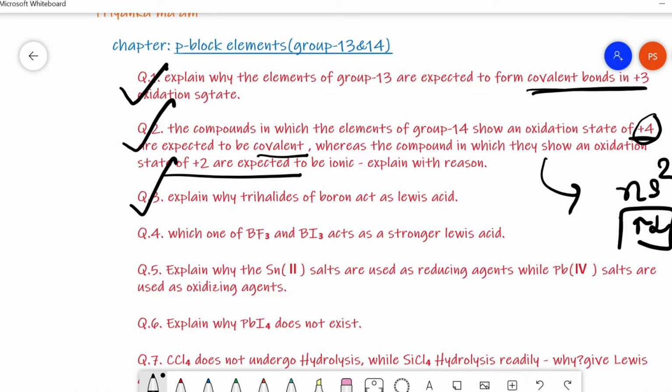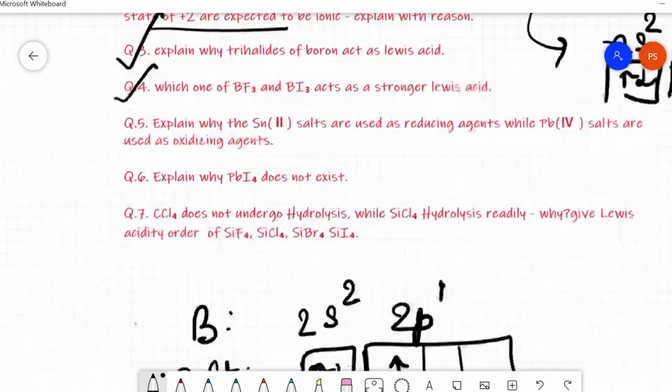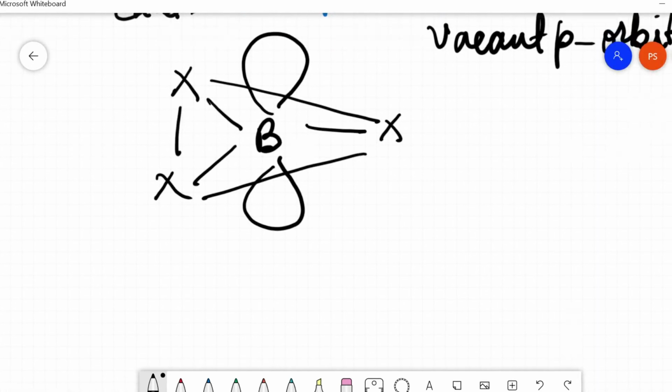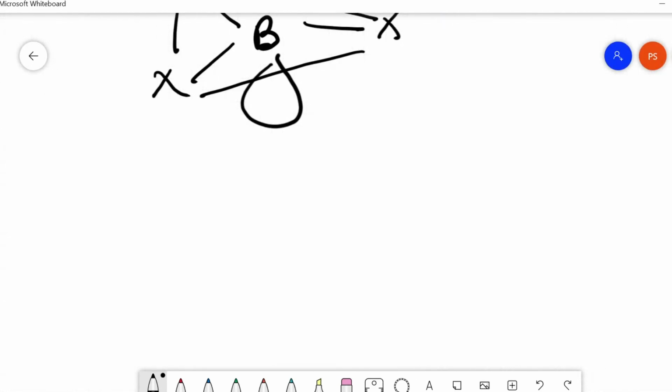The fourth question is, which one of BF3 and BI3 acts as a stronger Lewis acid? Now we know that boron in BX3 trihalides has a vacant p orbital and the octet is not filled.